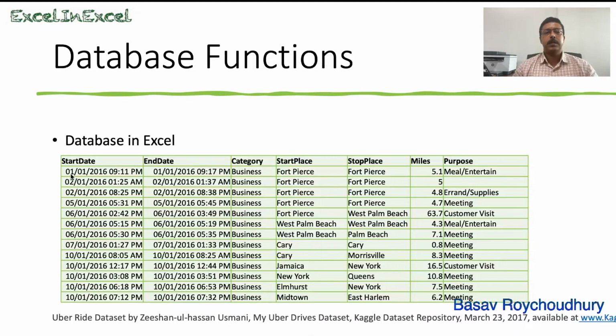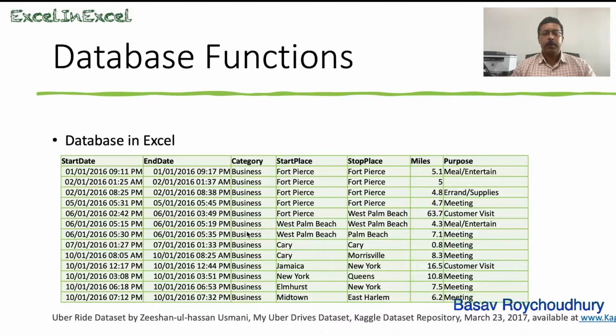The first record says that the travel was taken on 1st January 2016, and it ended on the same day. It started at 9:11 p.m. and ended at 9:17 p.m. It was from the same place to the same place, the distance traveled in that round trip was 5.1 miles, and the purpose was meal or entertainment. Then we have the second record, the third record, and so on and so forth.